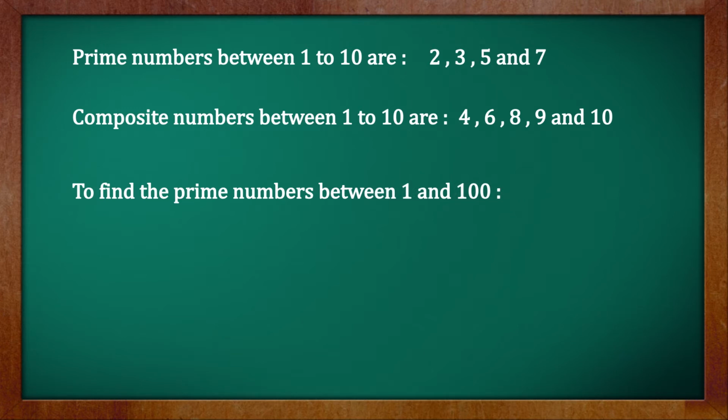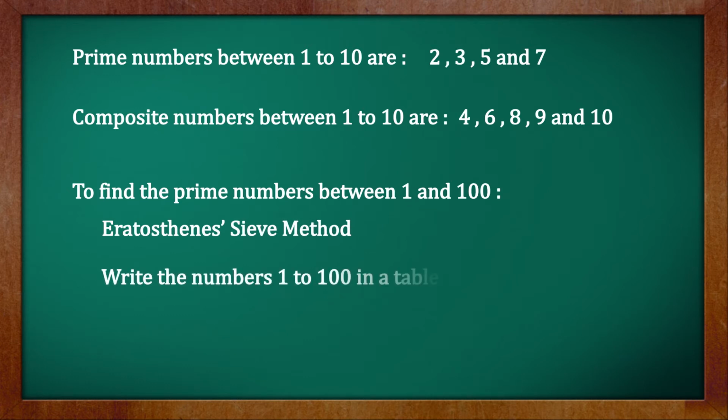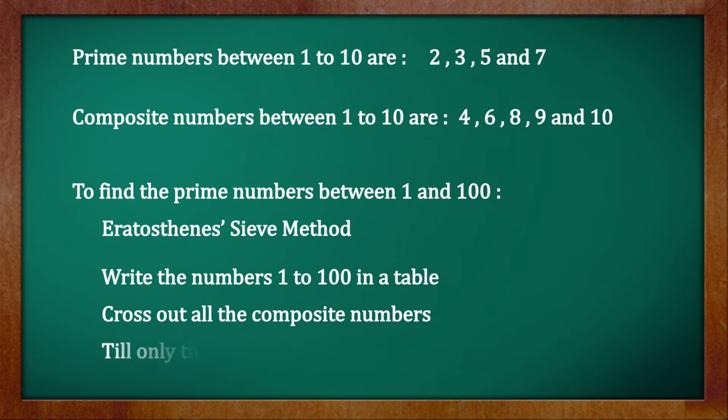So, instead of listing the number of factors, we will use a method called the Eratosthenes sieve method. In this method, we will write the numbers 1 to 100 in a table, then cross out all the composite numbers one by one till only the prime numbers remain in the table.